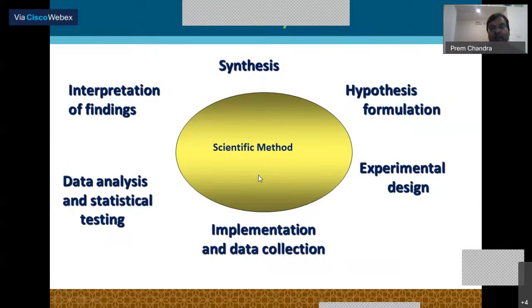When I say method, we are talking about hypothesis formulation, design, creating and implementing the data collection, data analysis and statistical testing, and interpretation of findings. So the scientific method really sets the foundation for any study.